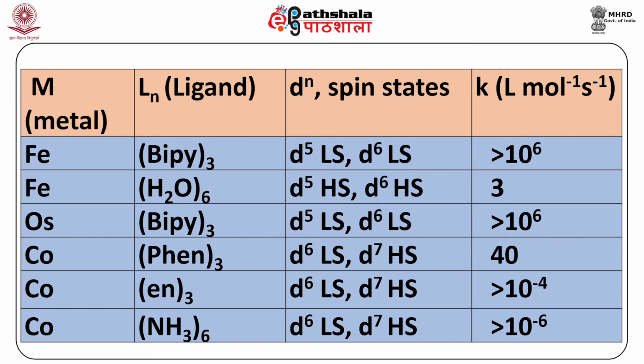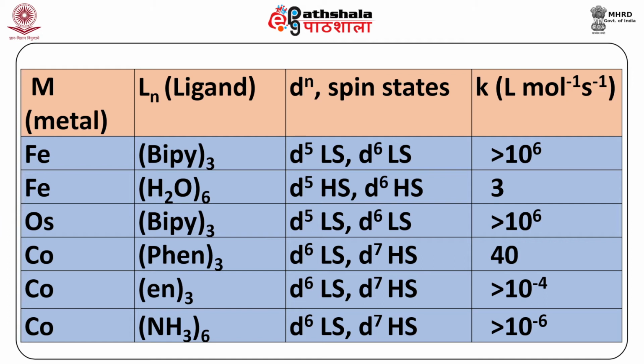So what happens? Cobalt 3+, that is d6, is low spin, and cobalt 2+, that is d7, is high spin. So when the cobalt is d6 it is low spin, but when the cobalt is d7 it is high spin, and the rate is a bit enhanced and is reported to be 40.